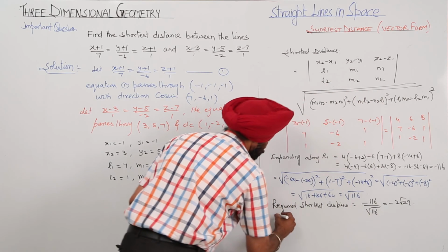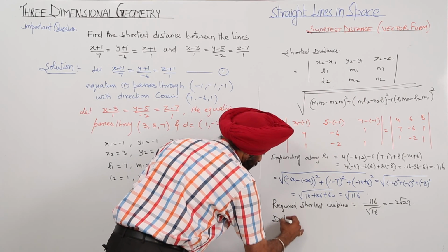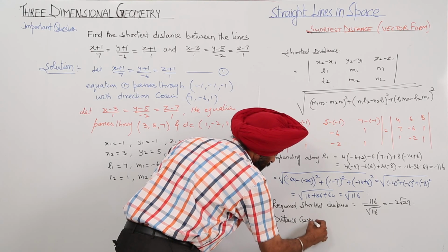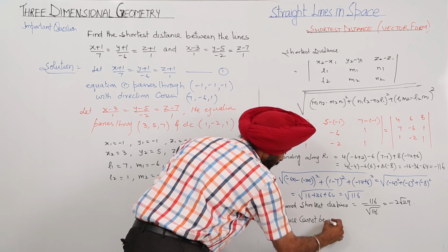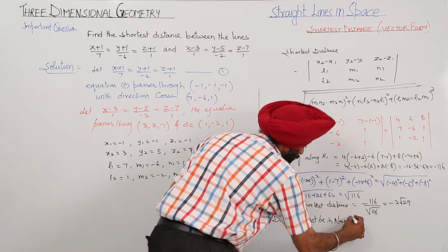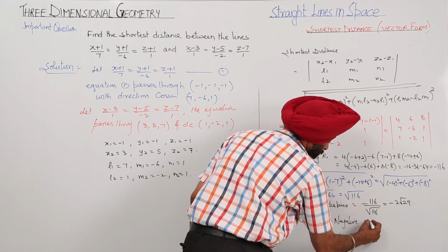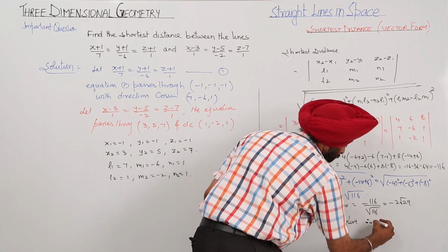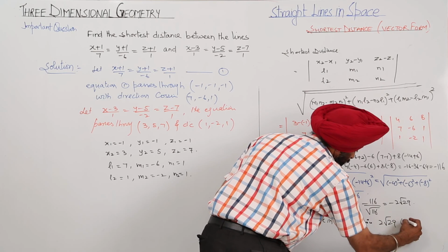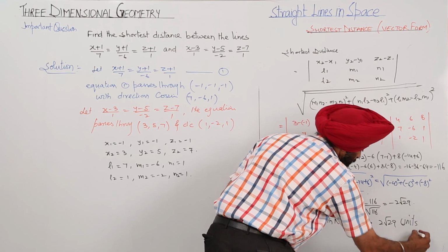Now distance cannot be negative, therefore 2 root 29 units is the answer.